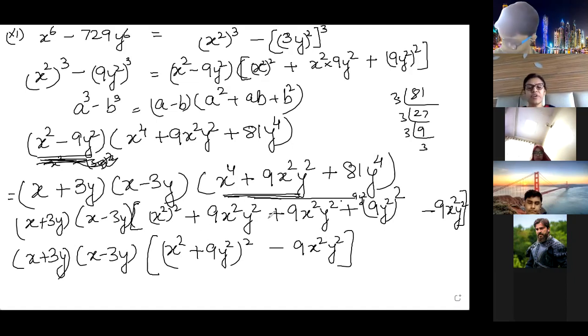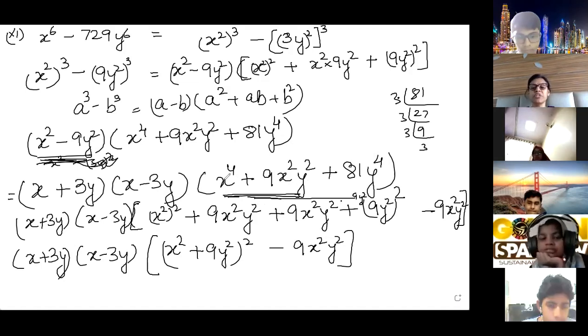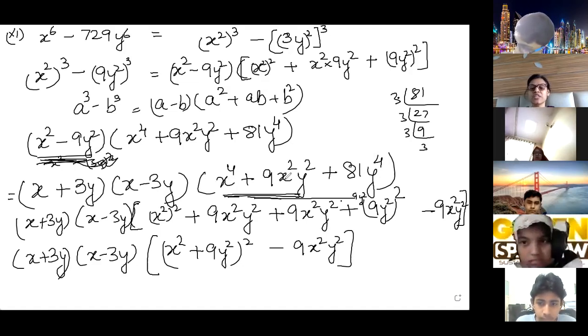See what I did over here. Because it is a trinomial, I checked whether I can break it into middle term or not. Since it is not broken down into middle term, I'm breaking it into the whole square formula. Now when I break it into the whole square formula, I already have two perfect square terms. So what should the middle term be? This is 9y square and this is x square, so the middle term should be 18x square y square.